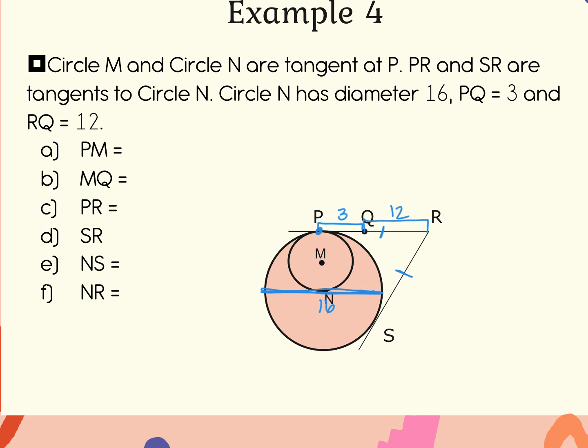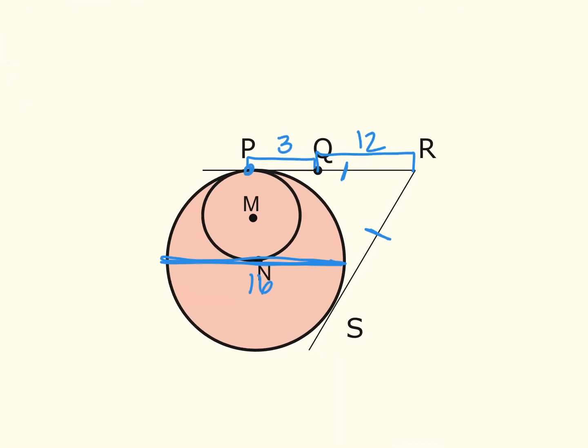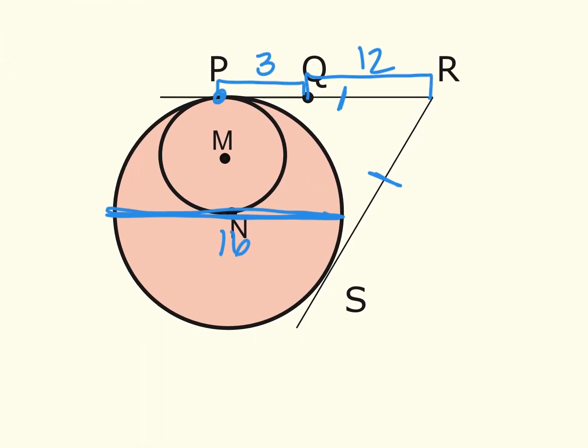Let me go ahead and start filling in information that I know now. If the diameter is 16, what is my radius? What is my radii for circle N? It's 8, not 15. If your diameter goes all the way across, my radius is halfway.